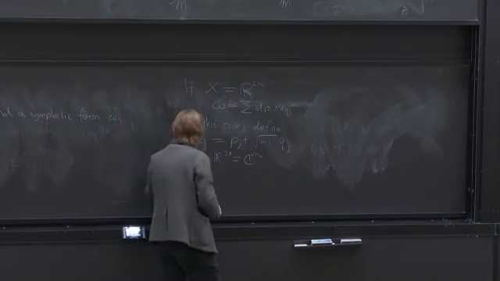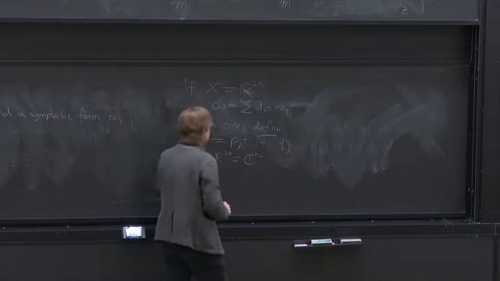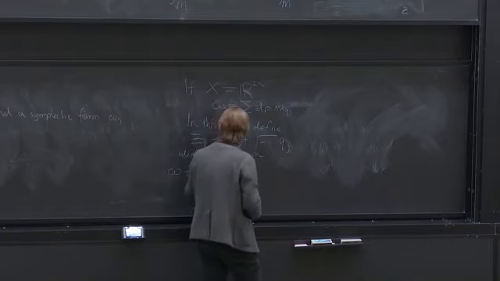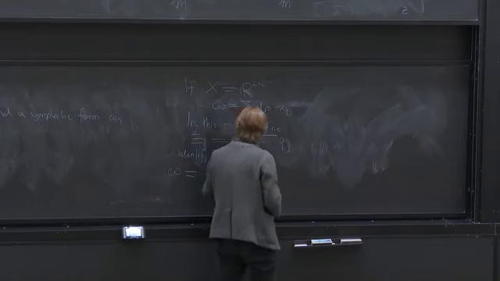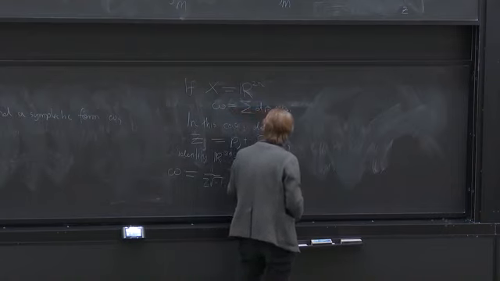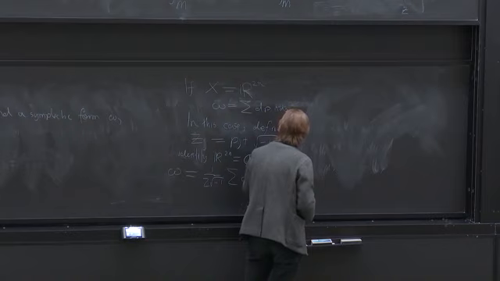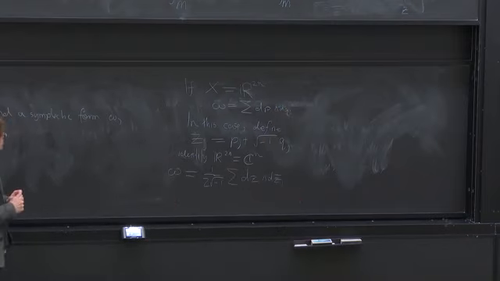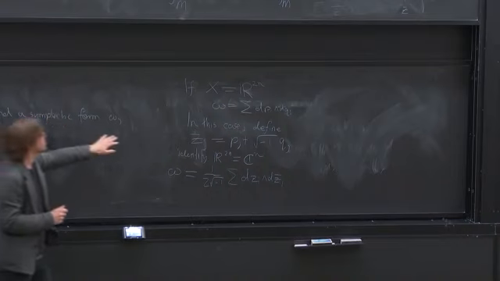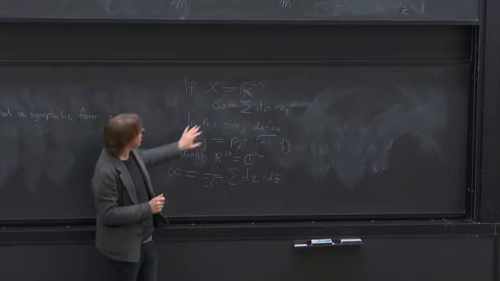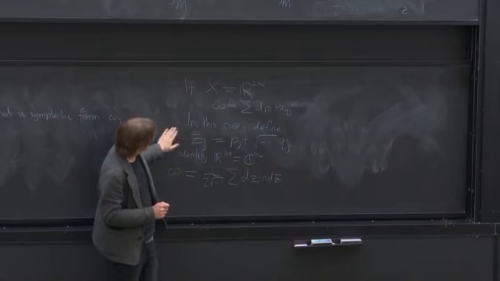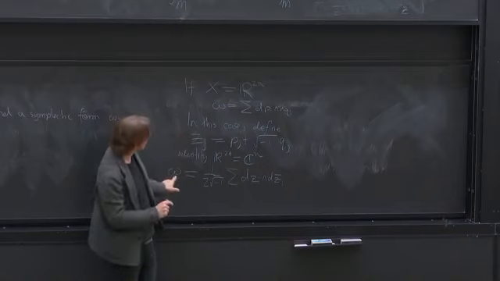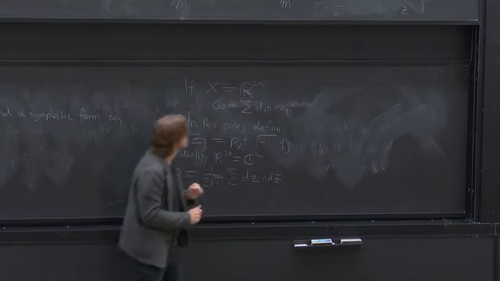Omega looks like 1 over 2i sum dz_i wedge dz-bar_i. So this is the kind of picture we're going to generalize. Whatever my X is, I want to define complex coordinates like this, which locally make it look like C^n, so that omega looks like dz wedge dz-bar.